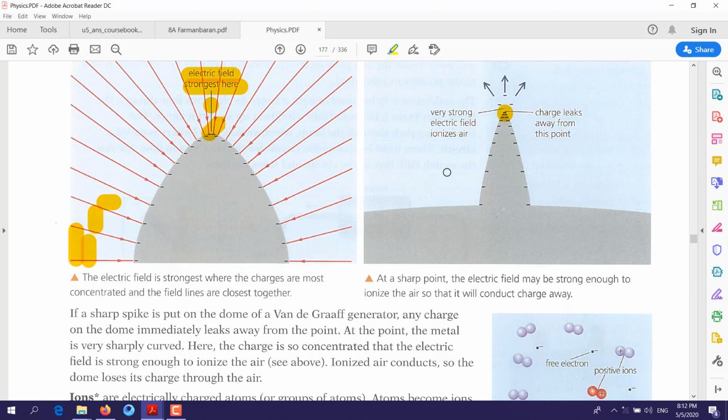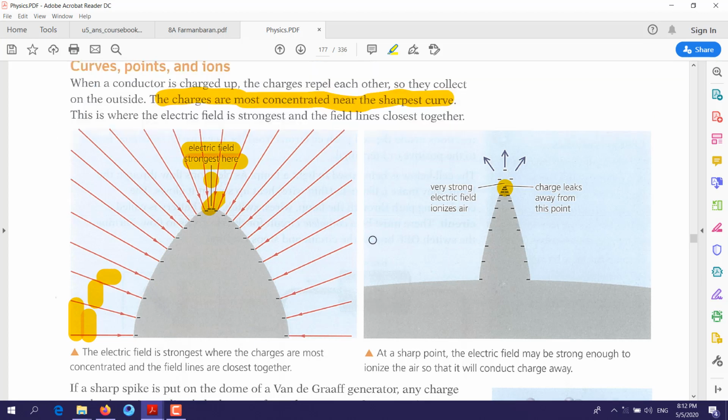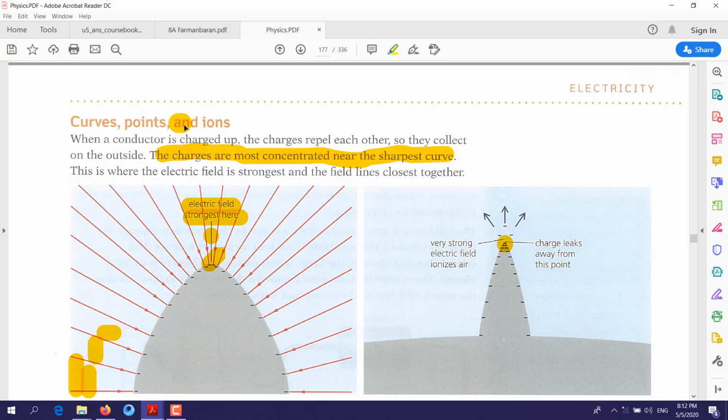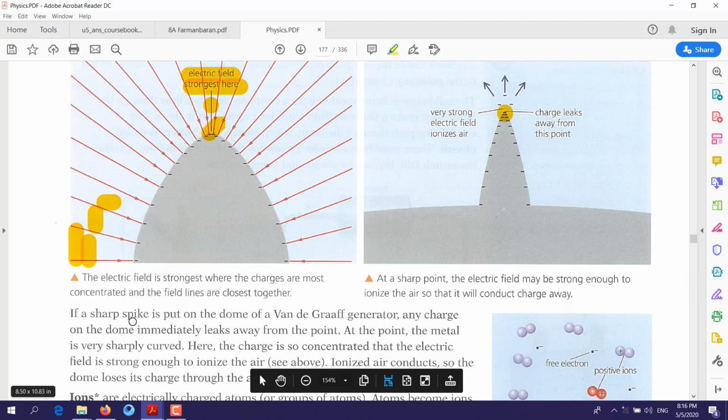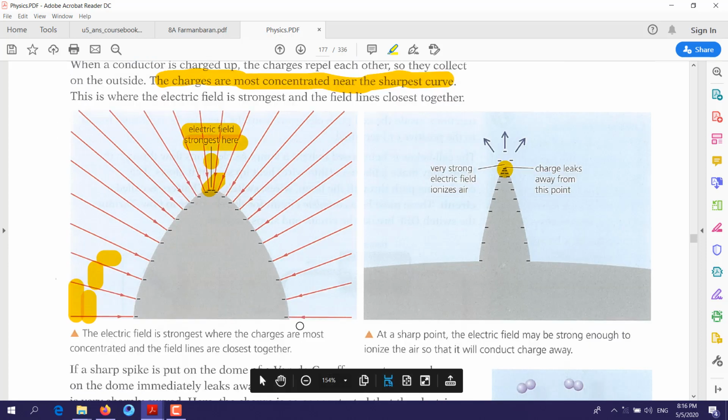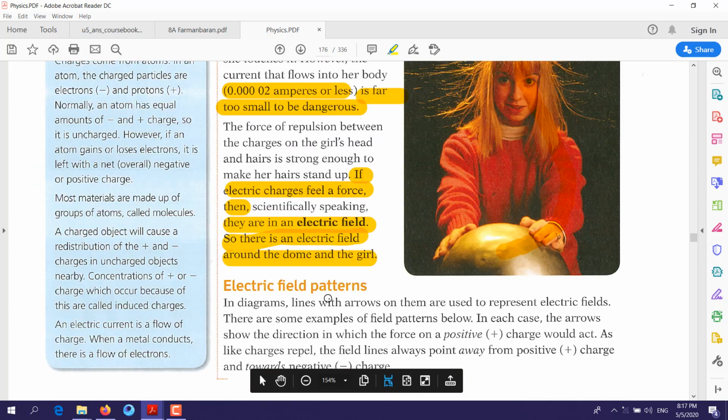Then one more thing. Here it's talking about ions in sharp spikes. If a sharp spike is put on the dome of the Van de Graaff generator, let's go back to this one. This ball, when it's rotating, we said it will generate charges.